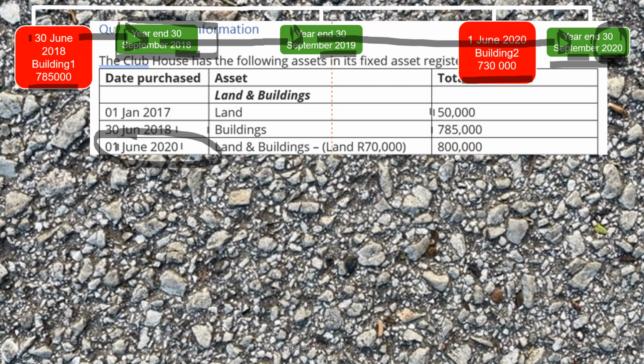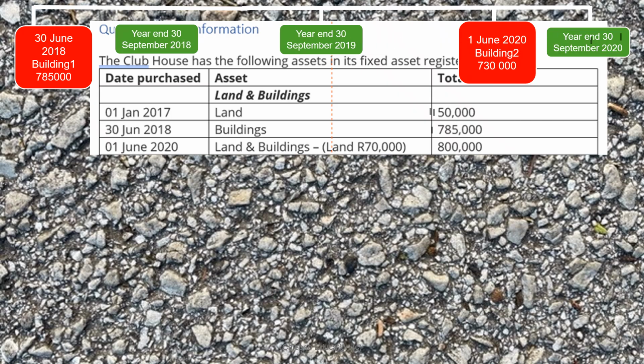And from the 1st of June to the 30th of September will be June, July, August, September. 4 months. So lots of information here. But hopefully this explanation just makes it a little bit clearer as to what's happening with regard to land and buildings. So this table here tells us about the land and buildings.